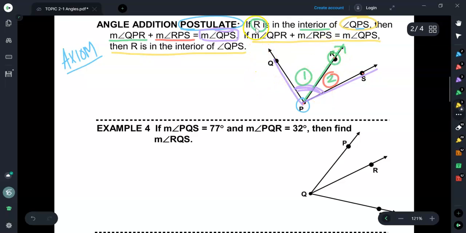The original statement says if R is in the interior, then these two smaller angles add up to the larger one. The converse says if the two smaller angles add up to the larger one, then R is in the interior. And you only know R is in the interior because R is a part of the name of both angles, and we'll get to that a little bit later.